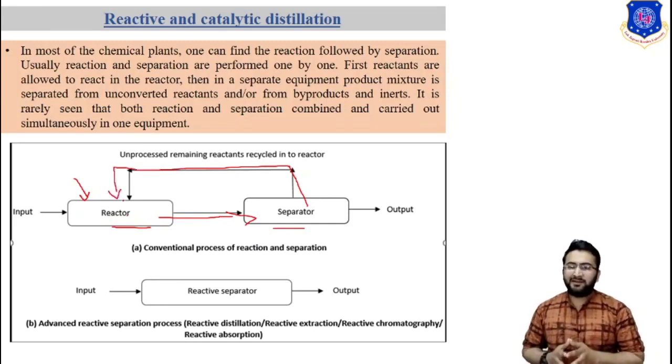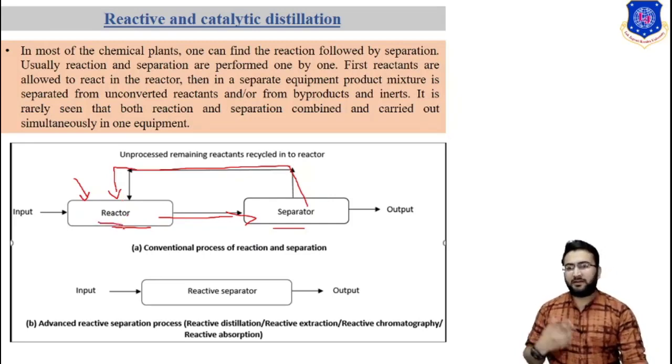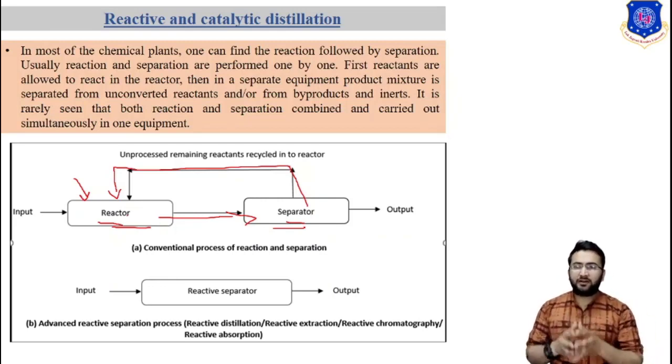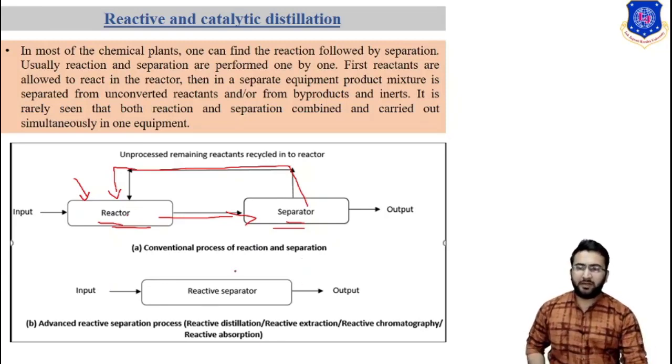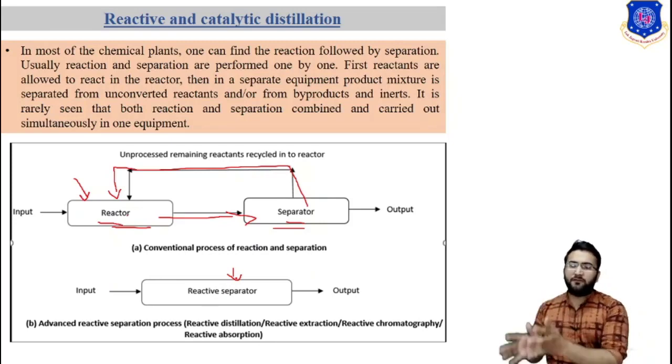So in a conventional process, two equipment are required: one is a reactor and the second is a separator. But if we use reactive distillation, then we use only one equipment in which the reaction and separation occur in only one vessel.